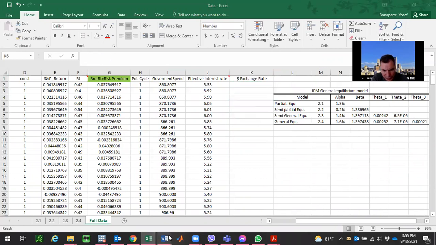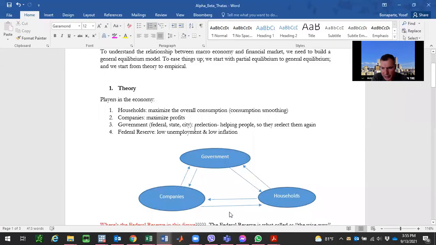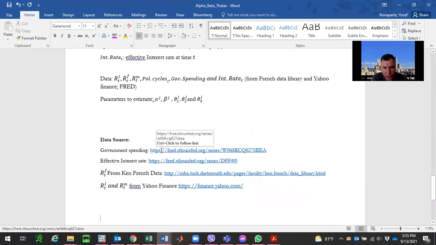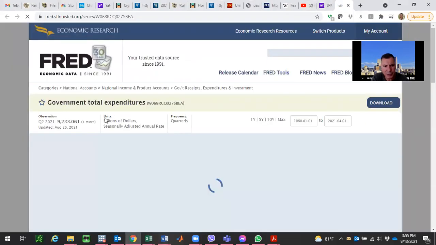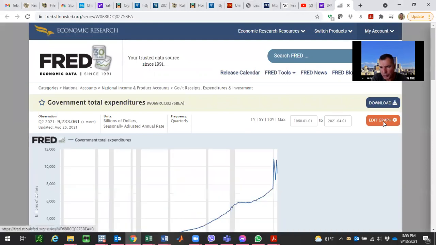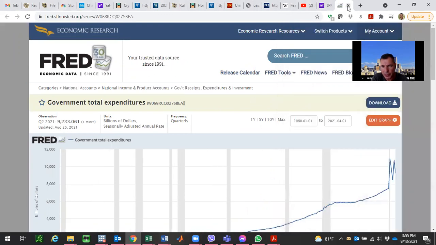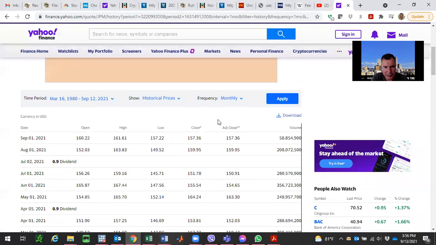So finally, you can see here toward the end, I mentioned the sources. For the government spending, I got it from Federal Reserve, St. Louis. Here is the data. It's monthly, so for quarterly federal spending, I divide it by 3. From Yahoo Finance, I got this.